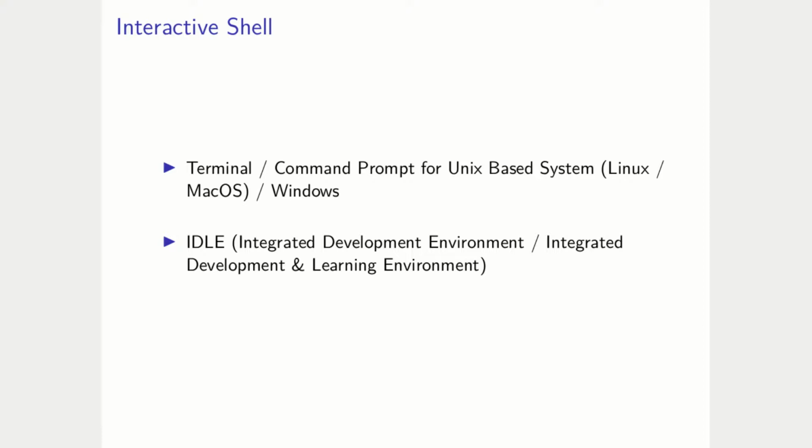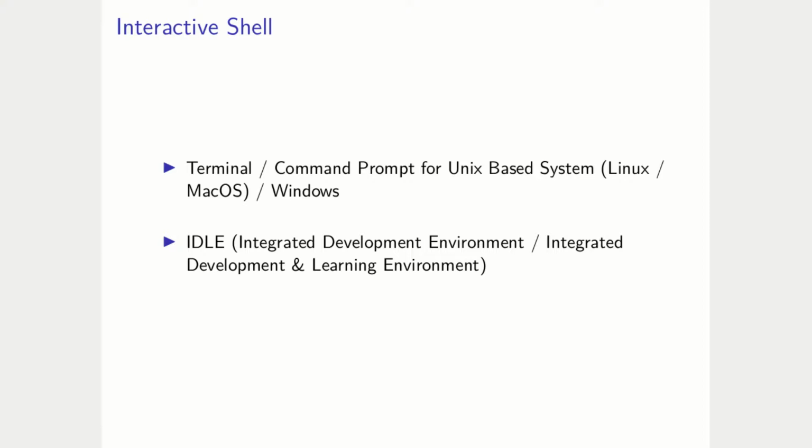So in a Windows environment, when you install Python, you also get something called IDLE, the integrated development and learning environment. You can hit the Windows button, search for IDLE, and it will open the interactive shell. That is how you access the shell.